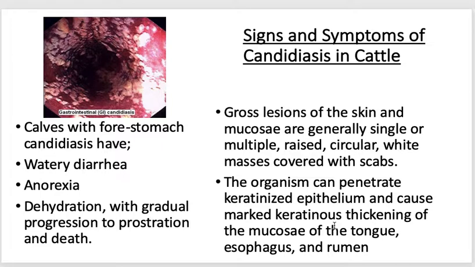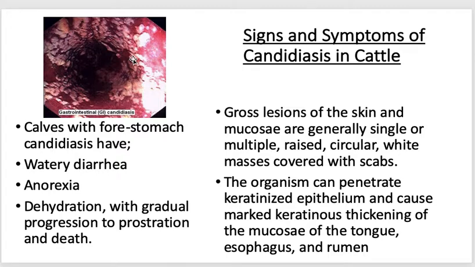The signs and symptoms include watery diarrhea, anorexia, dehydration, and also lesions in the skin and mucosa, which are generally single or multiple raised circular white masses covered by scabs. As you can see in this picture, these lesions are white masses, and at the top of those masses there are brittle scabs formed over the lesions.